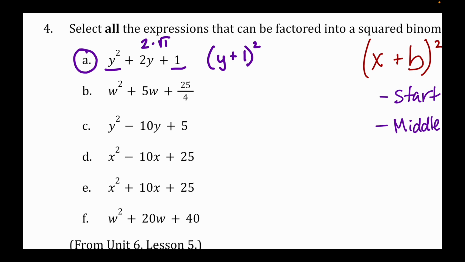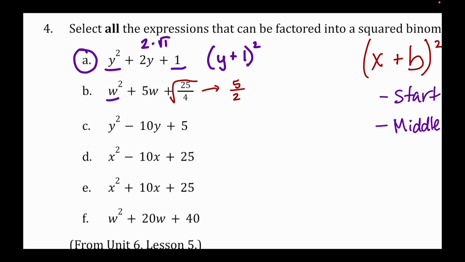For b, begins with a perfect square. Now, the end doesn't quite look like a perfect square, but I assure you it is. 25 is a perfect square, and so is 4. If we square rooted this, I would say this would become 5 over 2.